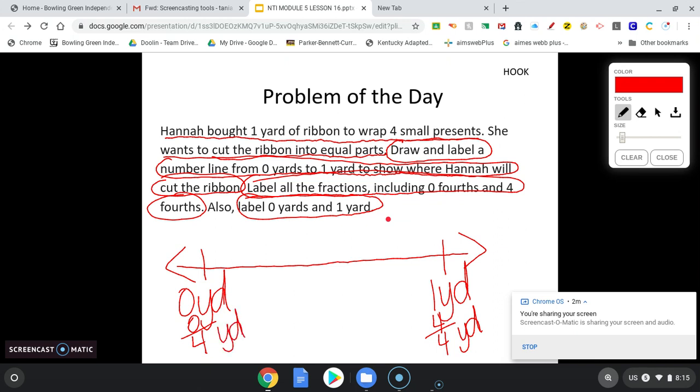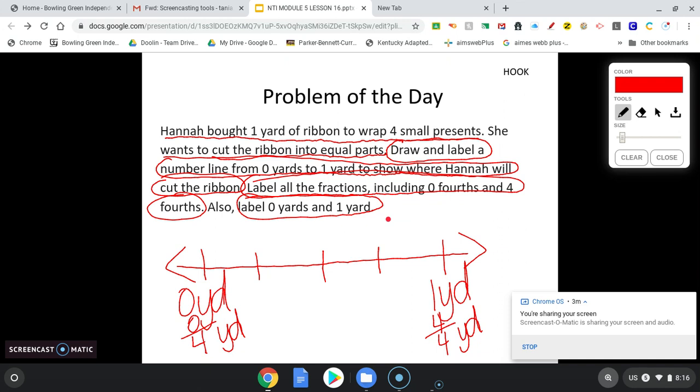Now we need to label all the fractions. So if there are 4 small presents, then we need to partition this number line into what? Yes, fourths. So we need 4 equal parts.